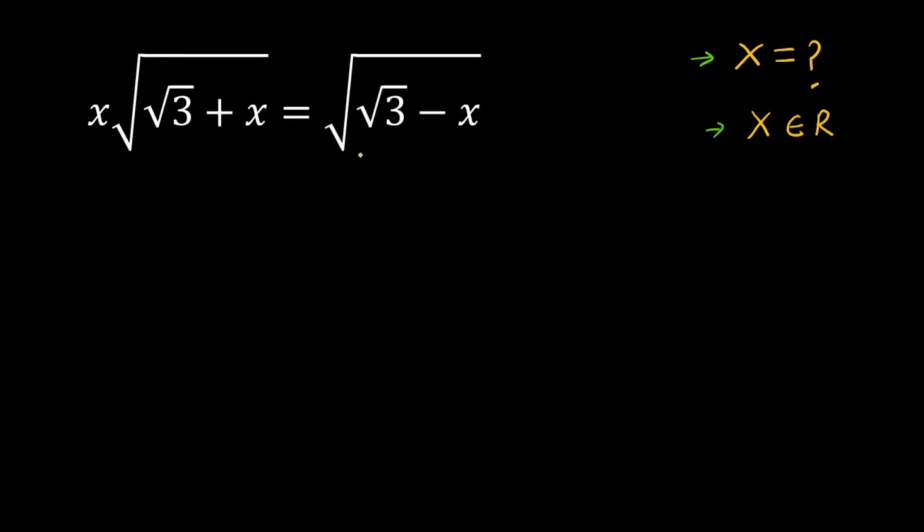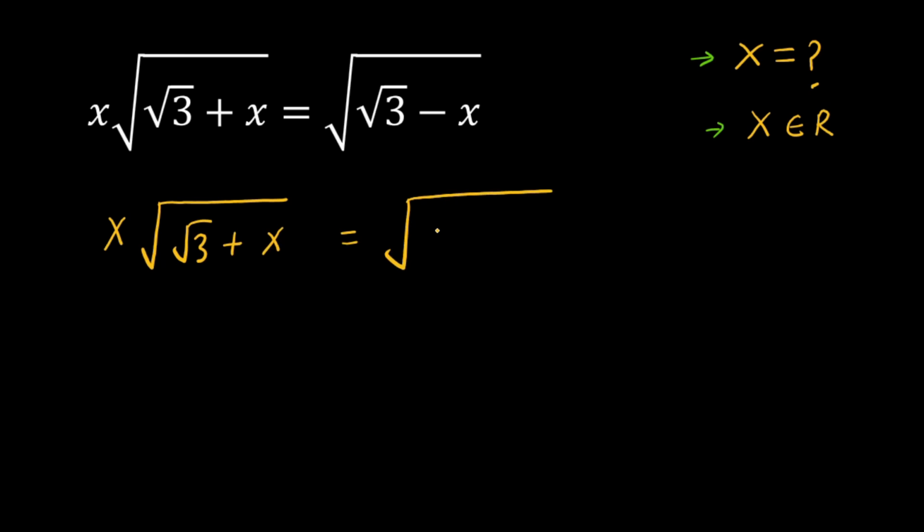Then if we take the square on both sides, on the left hand side x times square root of 3 plus x, and this is equal to square root of 3 minus x, and on the left hand side if we take the square and on the right hand side if we take the square.